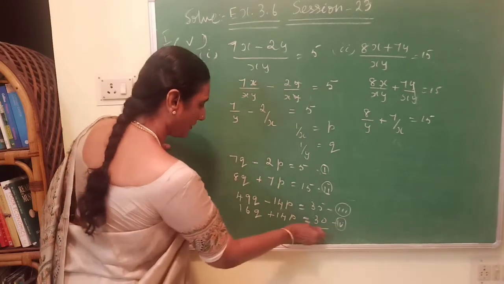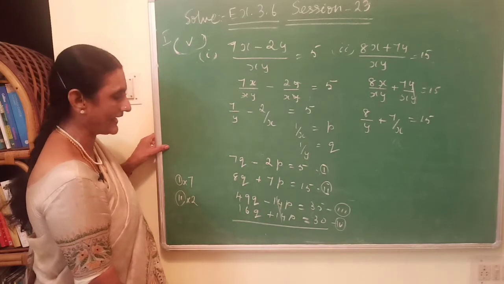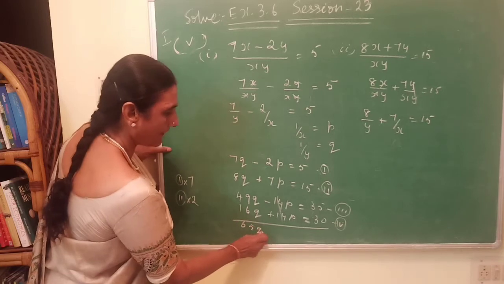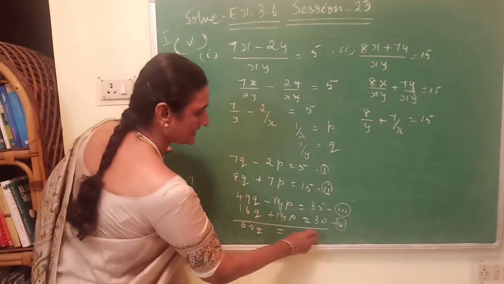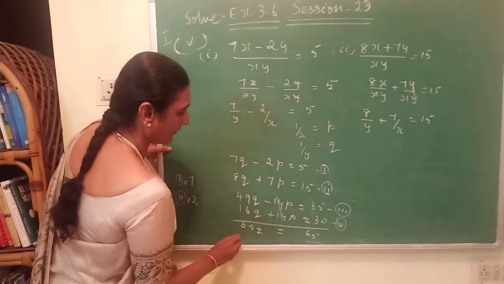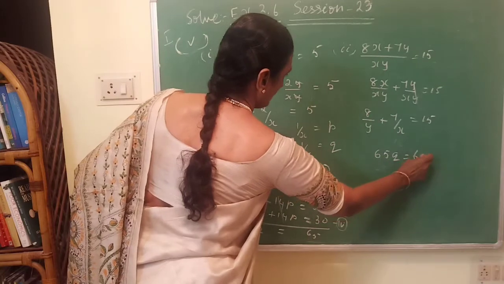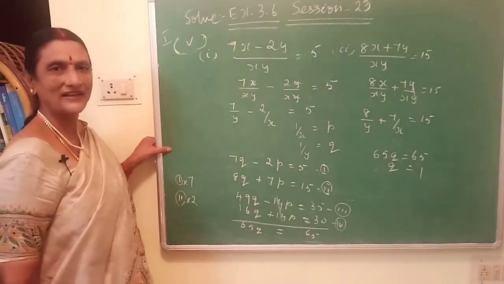Now adding, what do you get? 14p and 14p get cancelled. We have 65q is equal to 35 plus 30, which gives 65. Therefore q is equal to 1. That has become very simple.